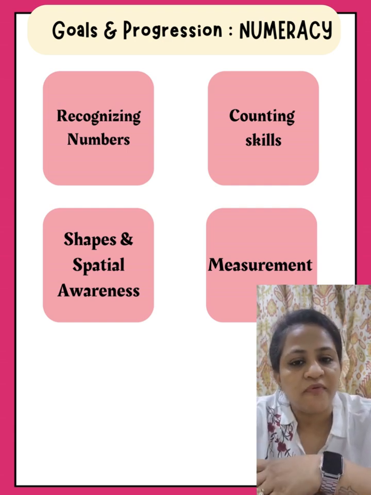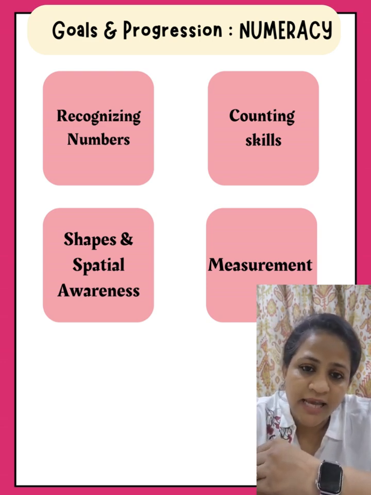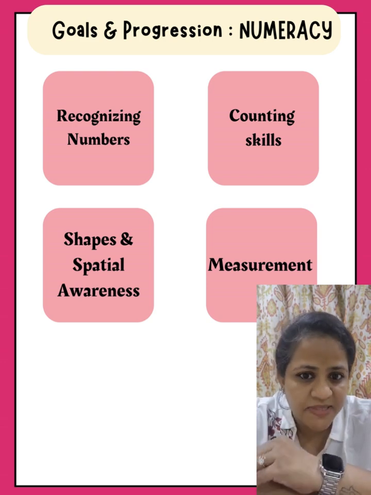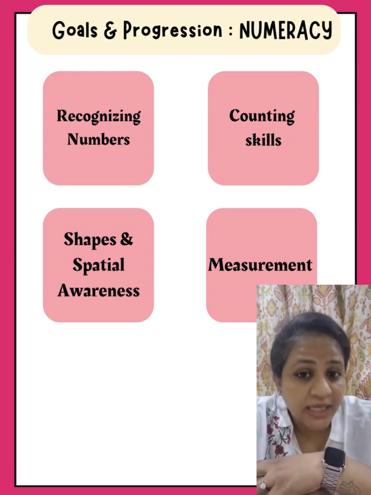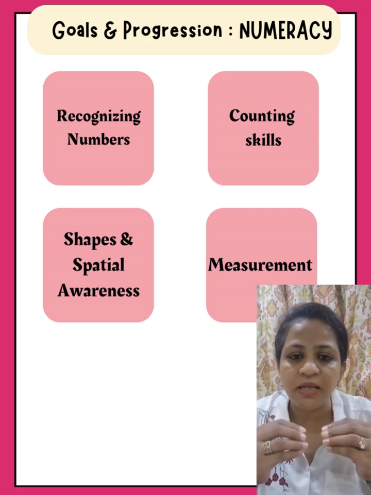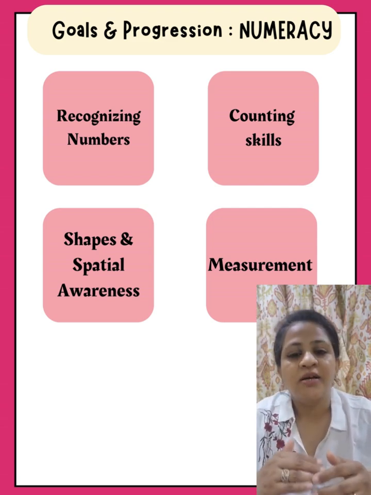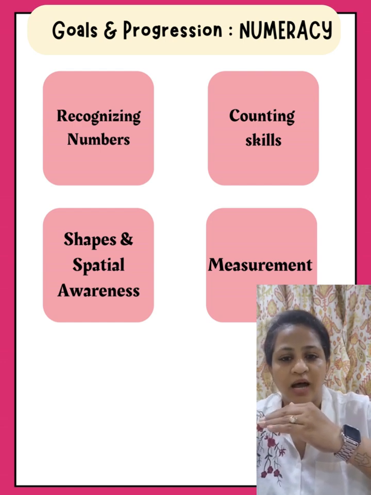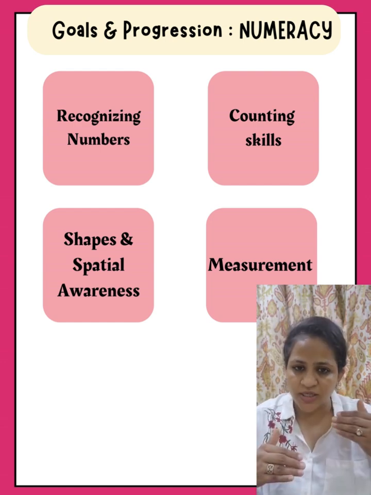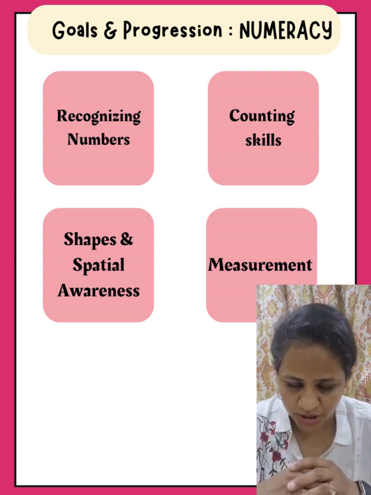First the child begins to recognize basic shapes seen around them in the class, in the books, everywhere. Along with that, they understand simple positional words like up, down, forward, backwards.